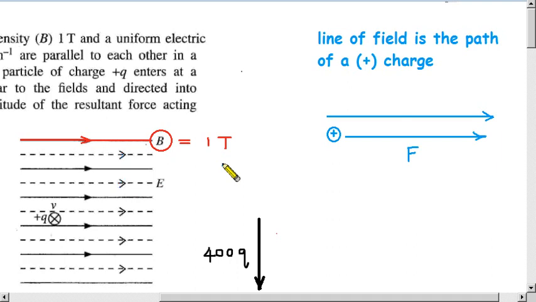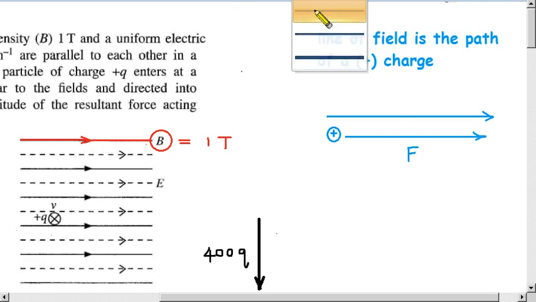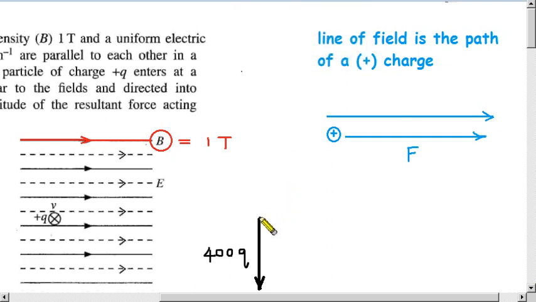Direction is given. That means this particle is moving that way, or there is a force that way. So now we know the direction of the electric force. Electric force is this way. So it is easy. What is this? Electric force.